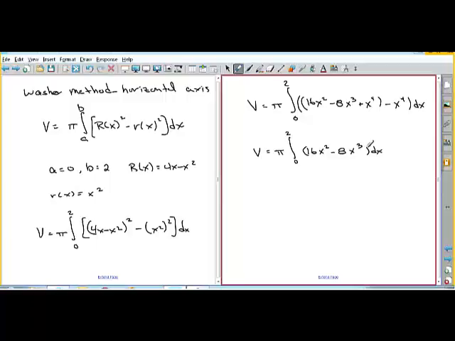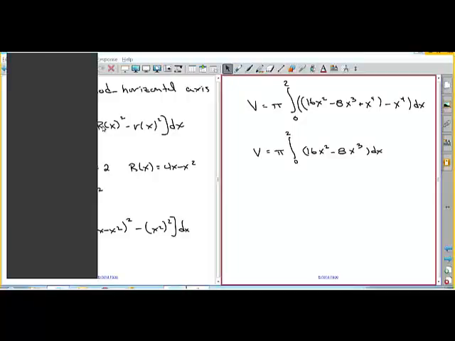So the x to the 4ths do cancel out. It's just a 2-term polynomial integration. And I'm just going to check something here. Okay, we're back.